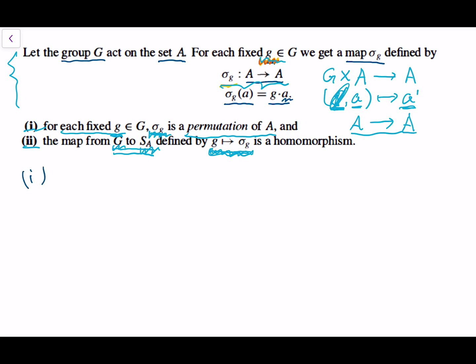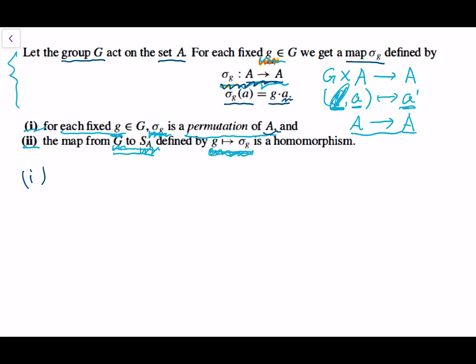First, we want to show that this sigma g is a permutation. According to the definition, a permutation is a bijection from the set A to itself. We already know that sigma g is a map from the set A to itself, so the only thing left is to show this map is a bijection.